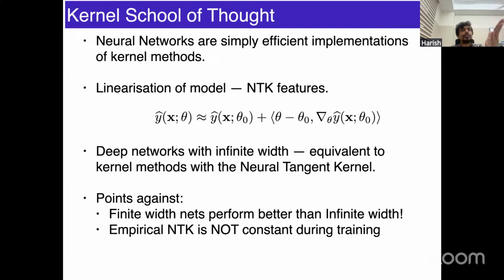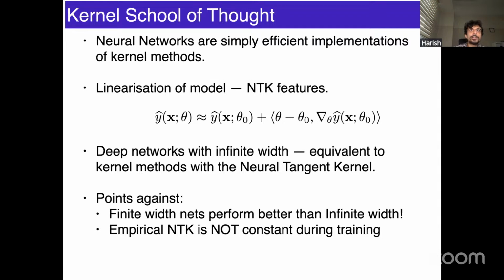This is a Taylor expansion of the model around an initial parameter theta naught, where y hat of x, theta is simply y hat of x, theta naught plus theta minus theta naught times the gradient with respect to theta of the model. This is a standard first-order Taylor series approximation, and this gives you all that you need to explain your kernel methods.